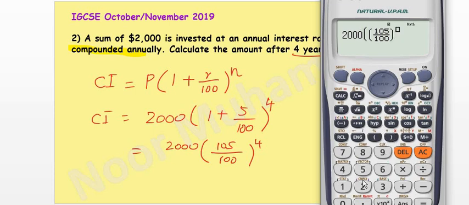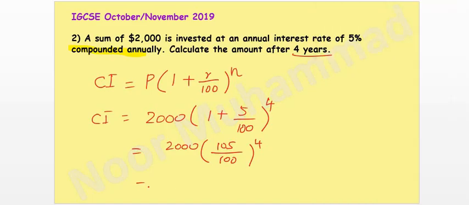It's 4. So the final answer will be, let's convert it into decimal, 2,431. So let's write it over here, $2,431.01. So this will be the amount that you will get.